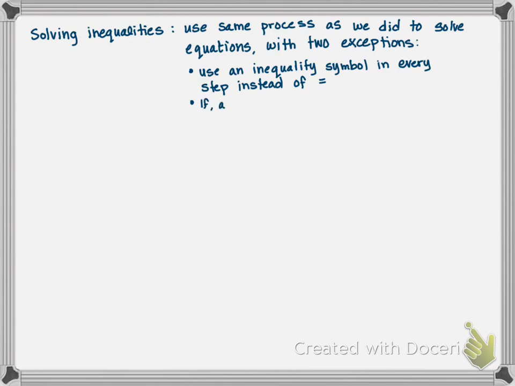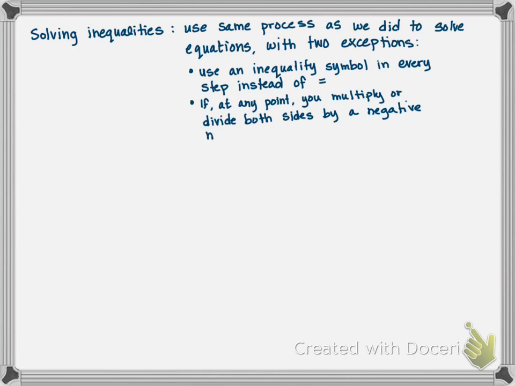And then the other exception is that if at any point you multiply or divide both sides by a negative number, it reverses the direction of the inequality.